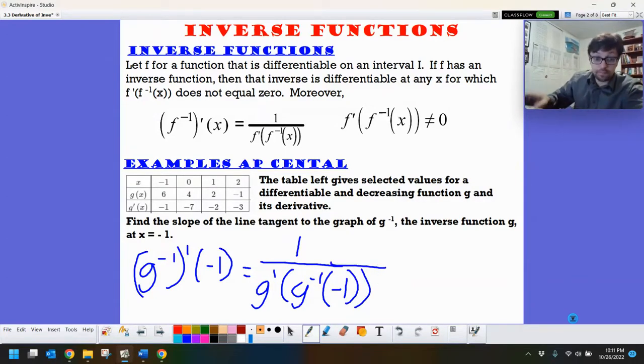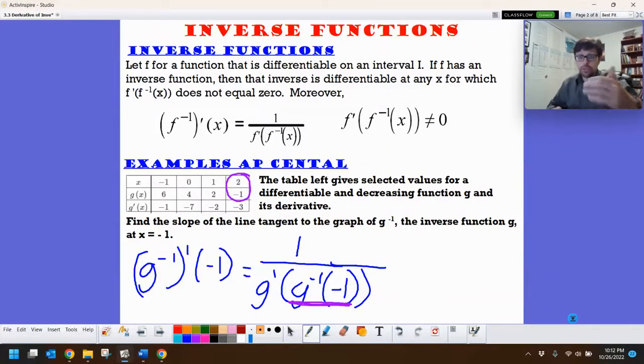So bit by bit, what we're going to start with is this value of the inverse at negative 1. Now, you can see we've got a negative 1 right here, but that would only put it into the original function. We want to know what we put into the original function to get out negative 1 right here.